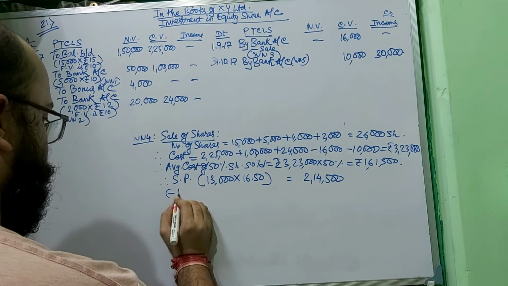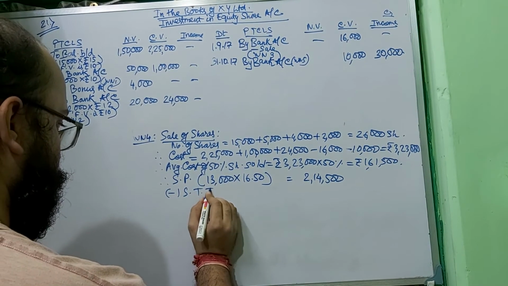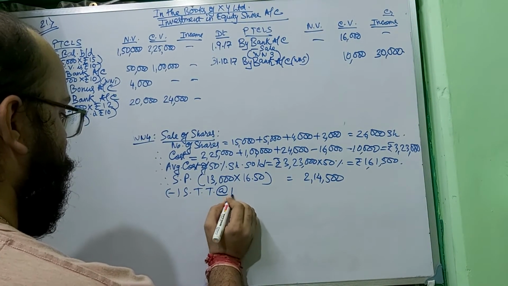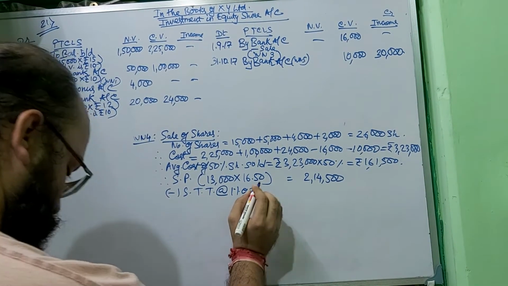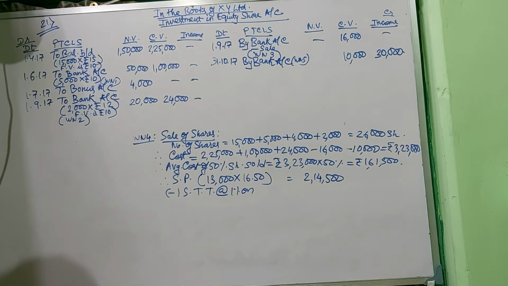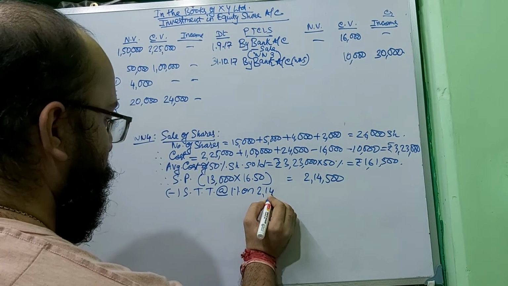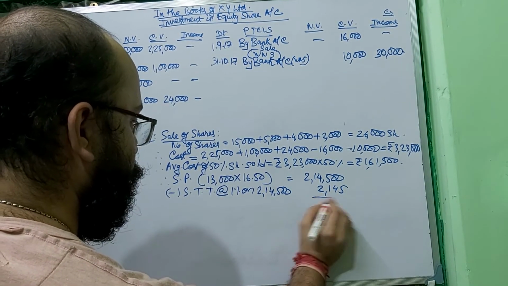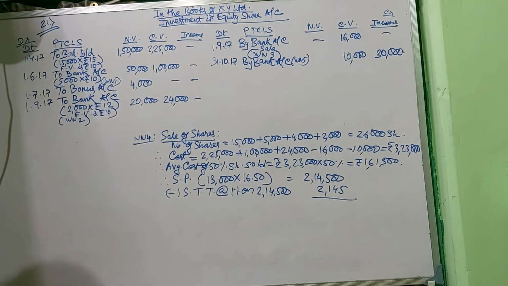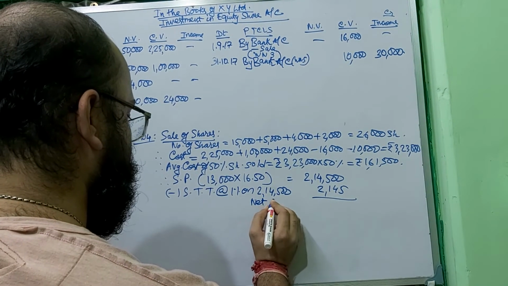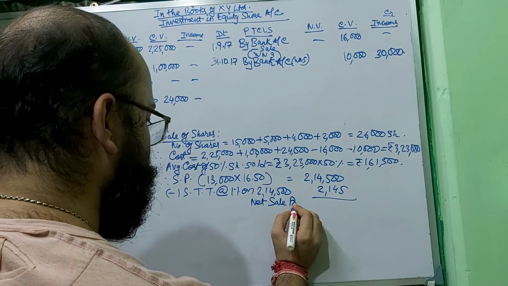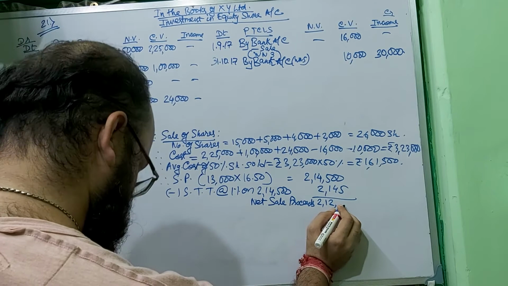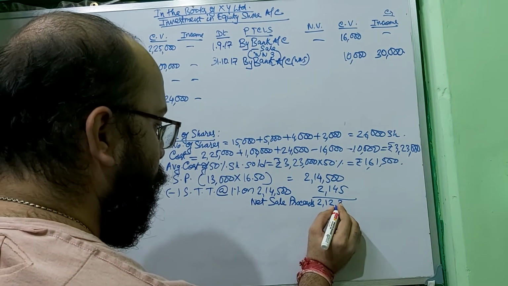Now security transaction tax, STT, or share transfer tax, at the rate of 1% on 2,14,500 is 2,145. If you deduct that, that will be your net sale proceeds, 2,12,355.